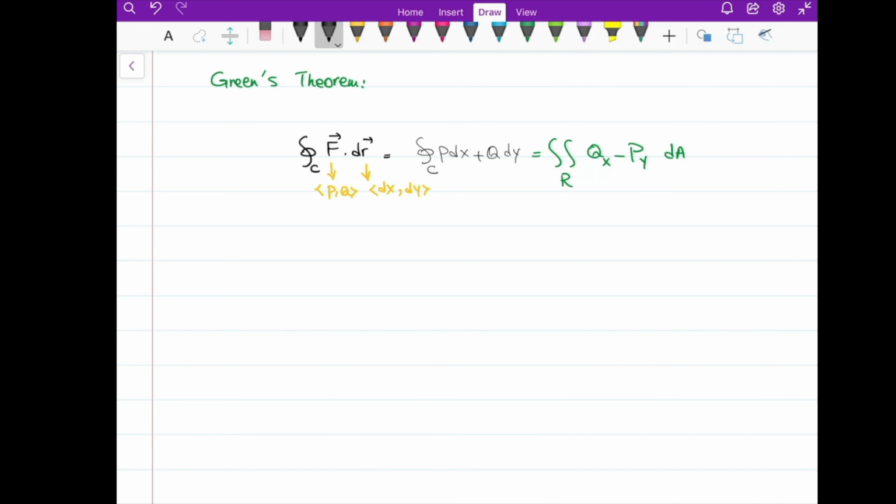So the question is, what is R, what is C, and what is the whole general idea in here? I'm going to say that we have this line integral equal to the double integral if C is a closed curve enclosing a region R. It's oriented counterclockwise.